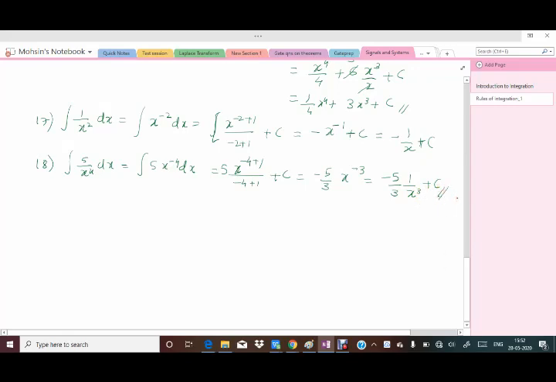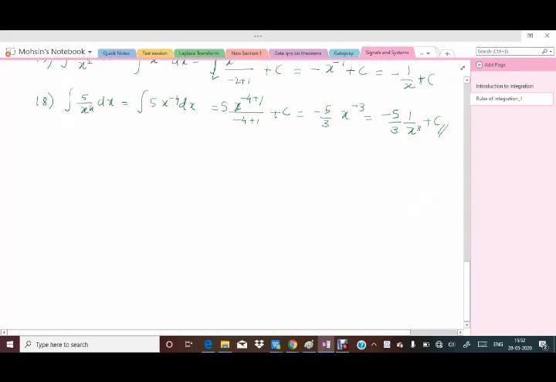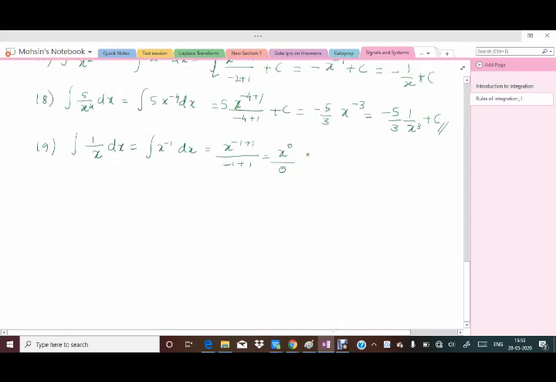Likewise, suppose there is another term given as integration of 1 by x dx. Now here, when the denominator x has just the power 1, the simplification is a little bit different, because if I try to write it the way we have done earlier, we get x raised to minus 1 plus 1 over minus 1 plus 1. Here the denominator term is going to be 0, so this is an undefined term and cannot be simplified.